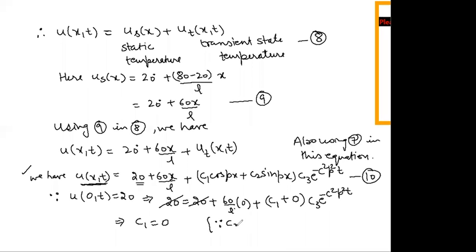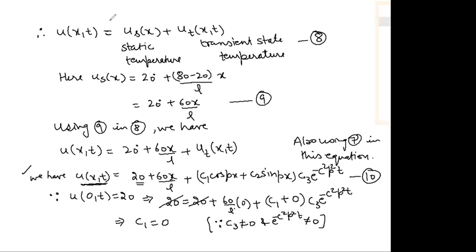The reason again: C3 is not equal to 0 and e to the power minus c square p square t is also not equal to 0. You know the reason well, because if either of these two is 0, what is the value of u?